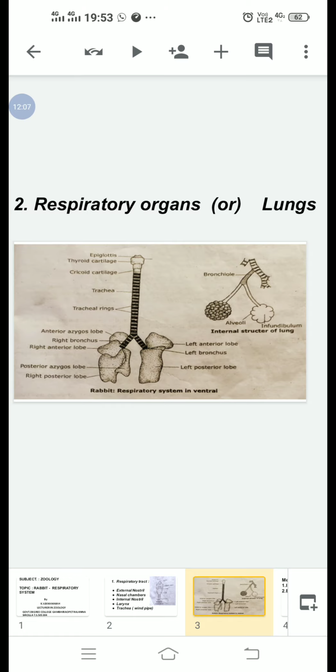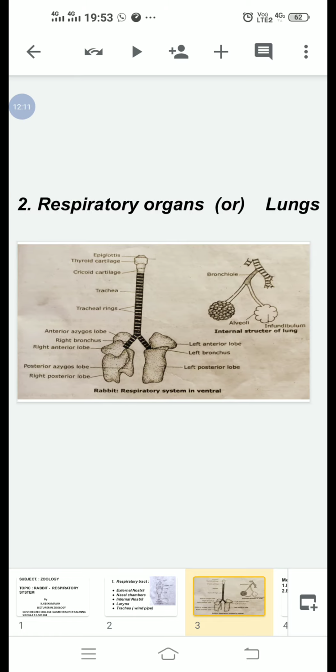Each lung is enclosed by two membranes called pleura. The outer membrane is called parietal pleura.